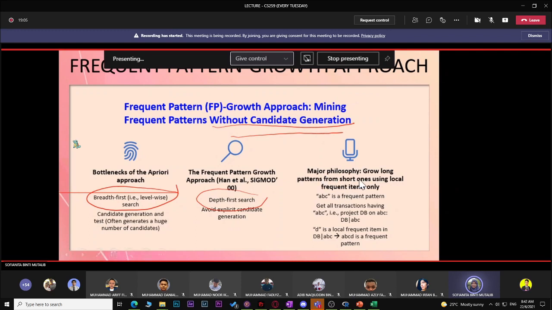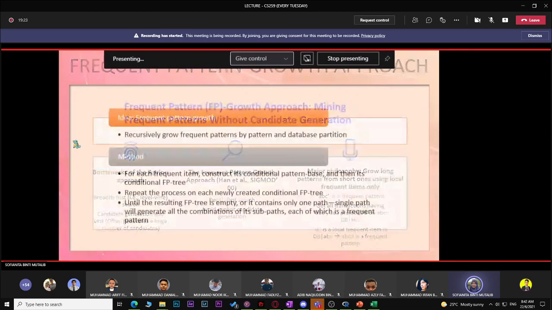Definitely we can see that the item sets can be produced through the branches of the tree. I will explain a little later on.